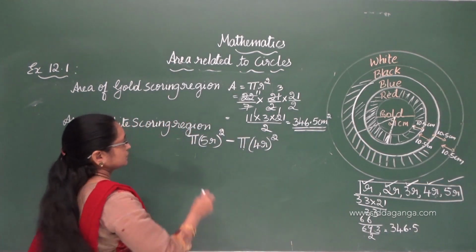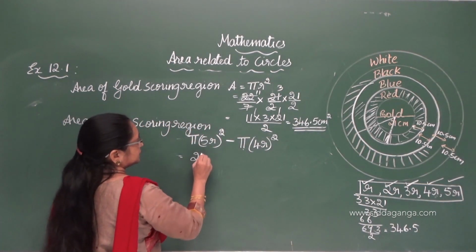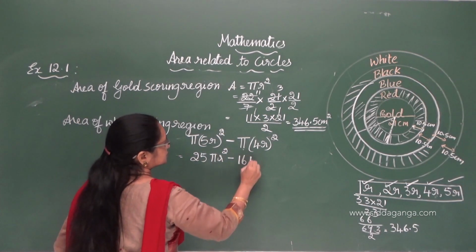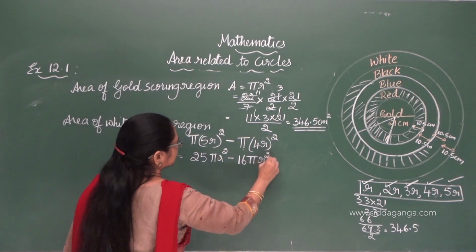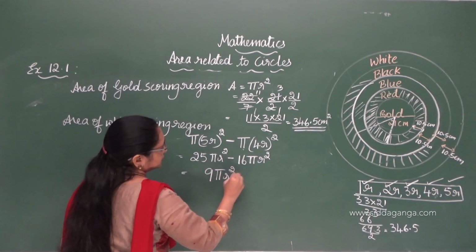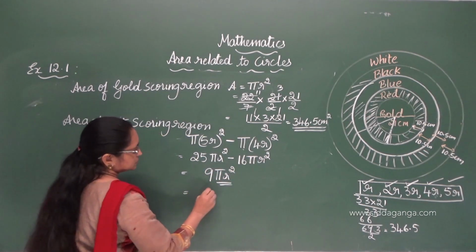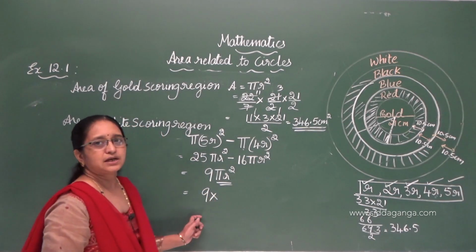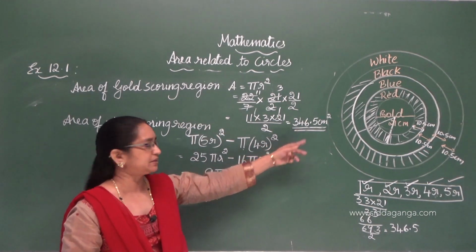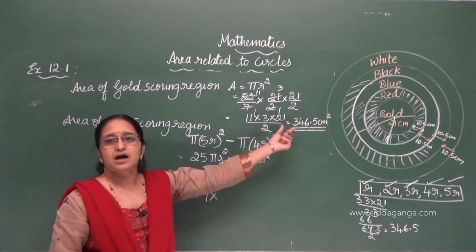Now 25πr² minus 16πr² gives 9πr². To make it simple, everywhere we are multiplying by this, only in terms of r.